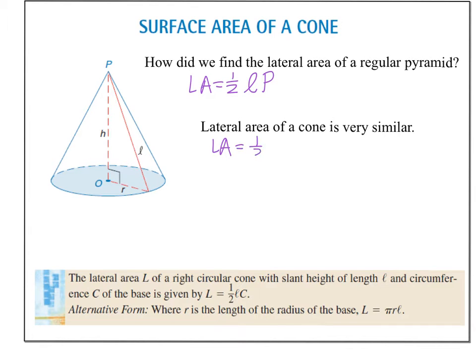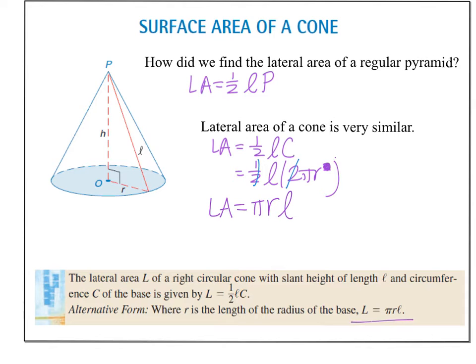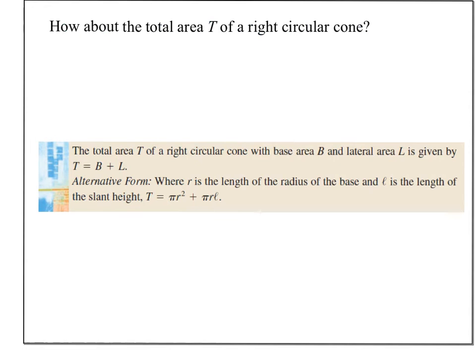So 1/2 the slant height times the circumference, but we know what circumference is, so let's write that in. So 1/2 the slant height times 2 pi r. So if I go ahead and get that, I see that the 1/2 and the 2 cancel, so I end up with just pi r times my slant height, and that's what you're going to find right down here.